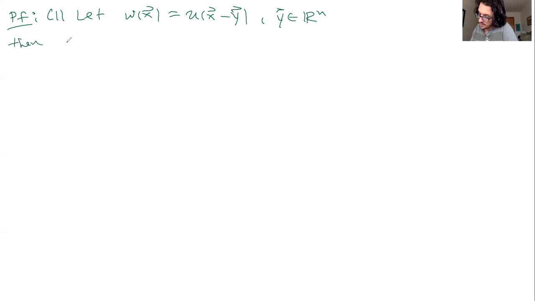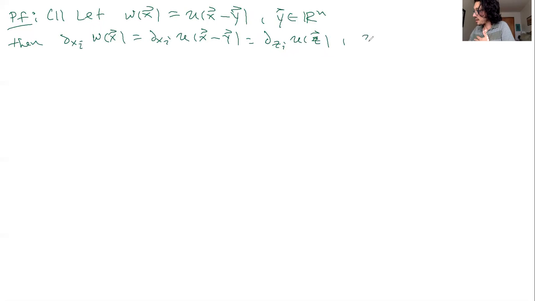Well, then the partial with respect to xi of W of x is equal to the partial with respect to xi of u of x minus y. This is equal to the derivative with respect to z, what I'll call u of z, where z is equal to x minus y, just the shifted coordinates, right? Because if I differentiate, y is just a constant, it drops off, okay?